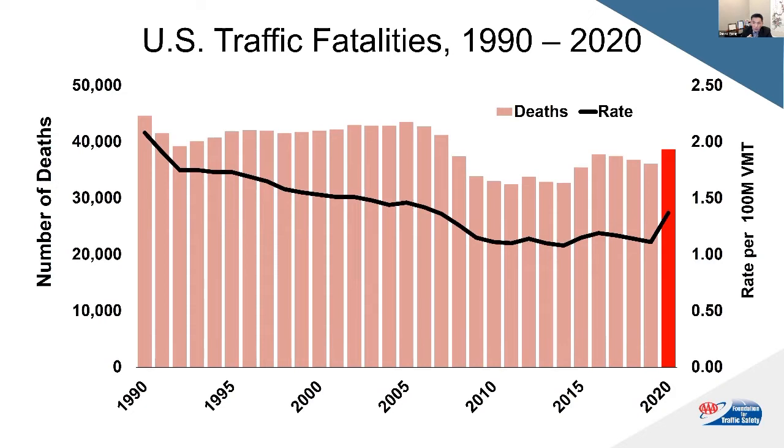But unfortunately, when you look at the total traffic safety compared to 2019 and some of the prior years, the number of fatalities reported by NHTSA actually went up by over 2,000.